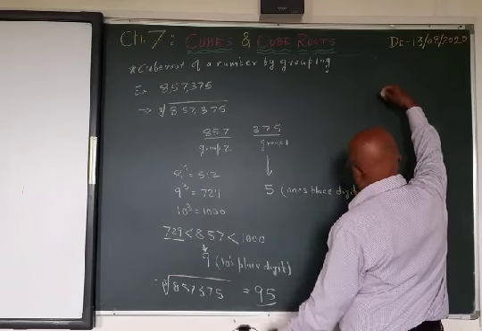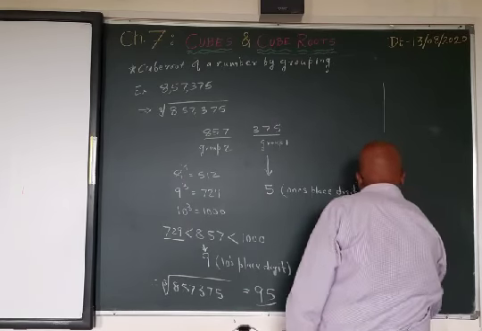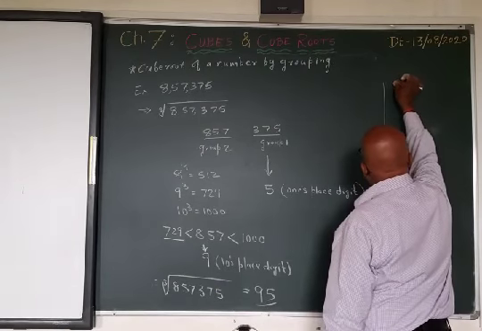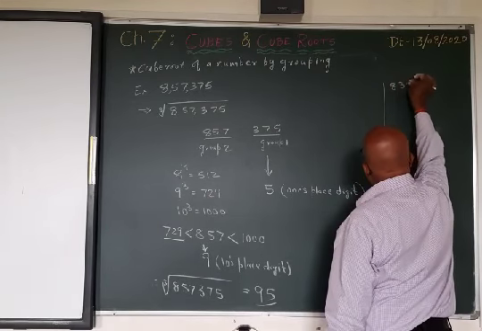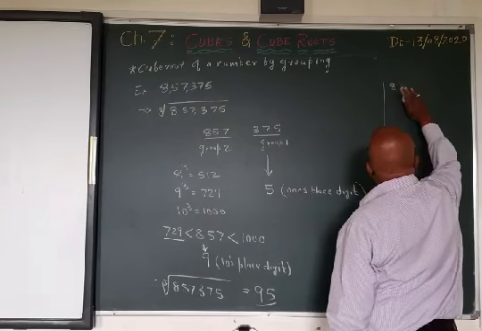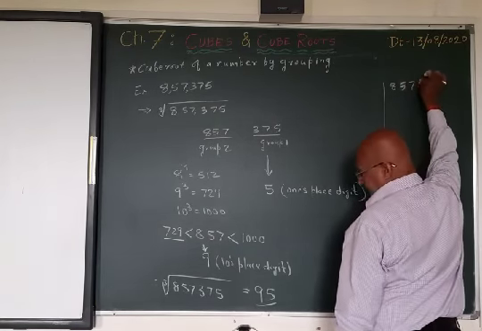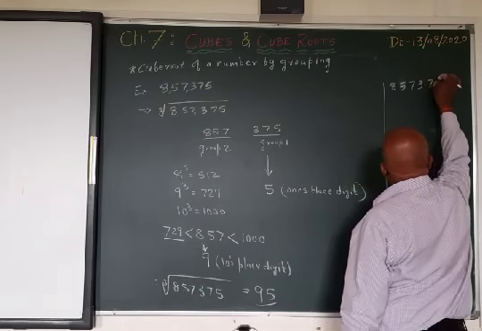Now for cross checking, what we have to do? We have to just factorize that number, 857,375.